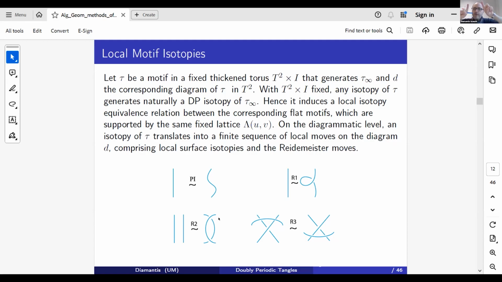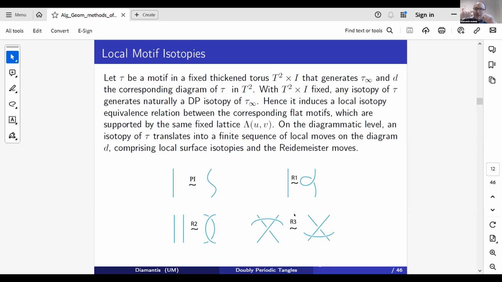The second one is where you have two strands and you can do this move. And the third one is a strand which goes to the other side of the crossing. So these are the classical three Reidemeister moves that are allowed, and they take place away from the meridian and longitude of the thickened torus. What longitude and what meridian? The ones that you will choose to cut.